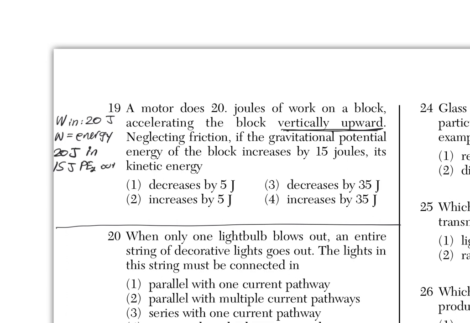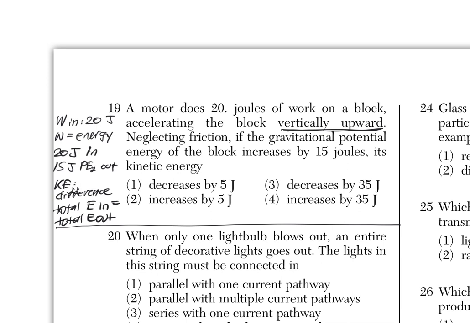So 20 joules are in, and we only get 15 joules of gravitational potential energy out. But energy is conserved. So the kinetic energy has to be the difference. Because the total energy in equals the total energy out.